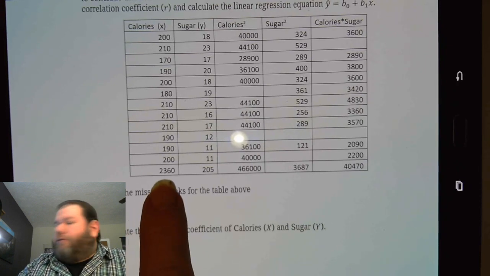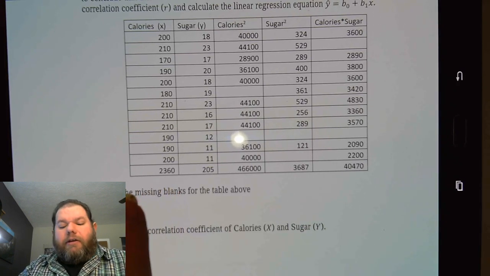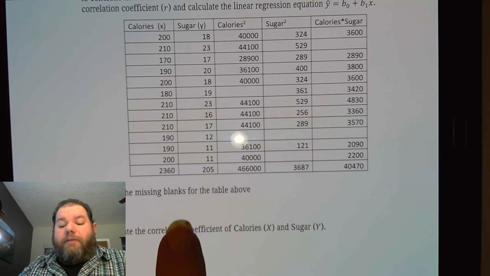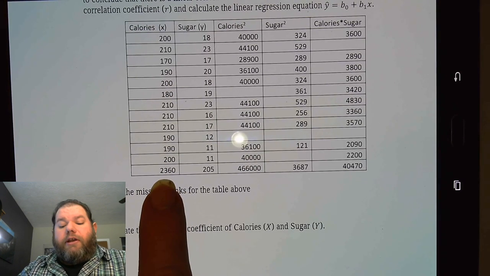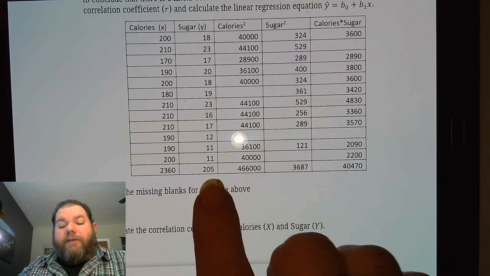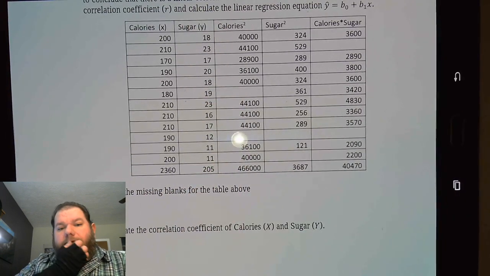This last row, it doesn't say it on this table, but it says it on the final exam. This last row is the sum of the columns, so we don't need to enter this last row, 2360, 205, etc. That's just the sum of all these numbers above it.